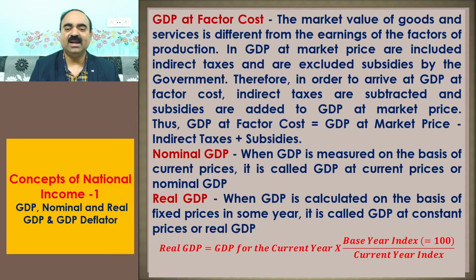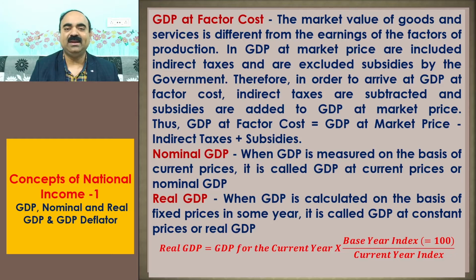Therefore, in order to arrive at GDP at factor cost, indirect taxes are subtracted and subsidies are added to GDP at market price. Thus, GDP at factor cost is equal to GDP at market price minus indirect taxes plus subsidies.